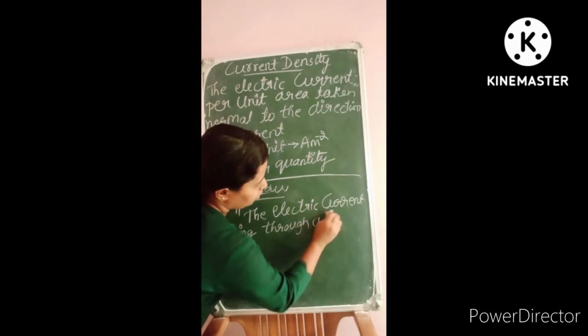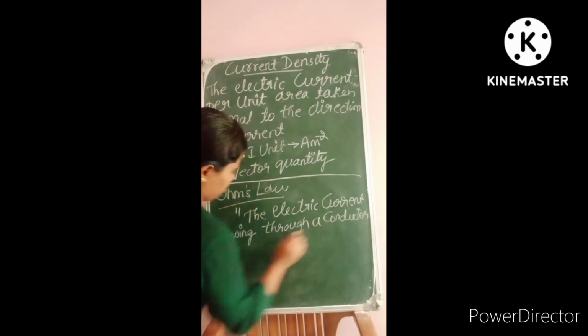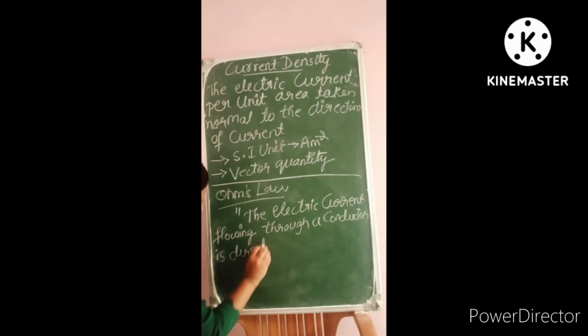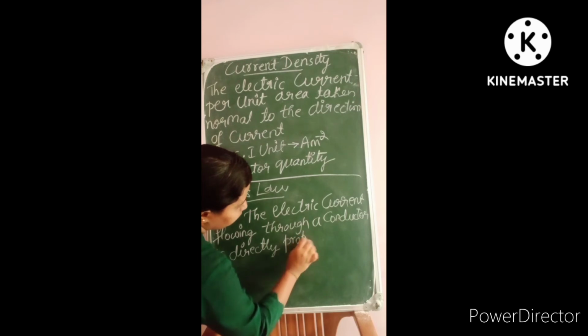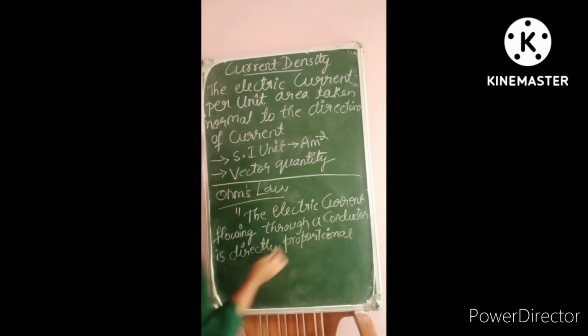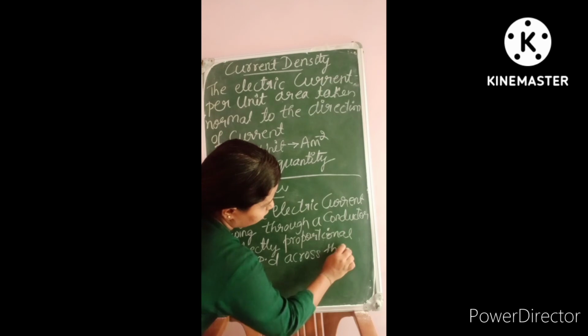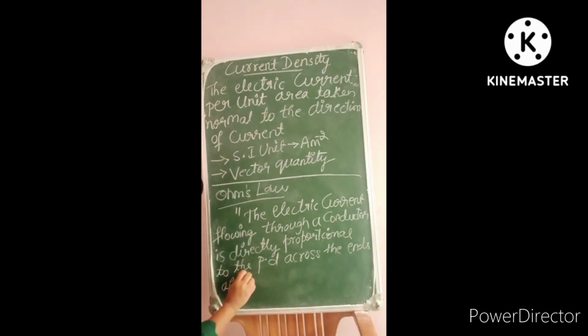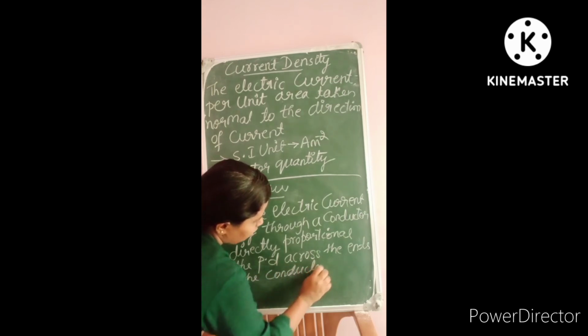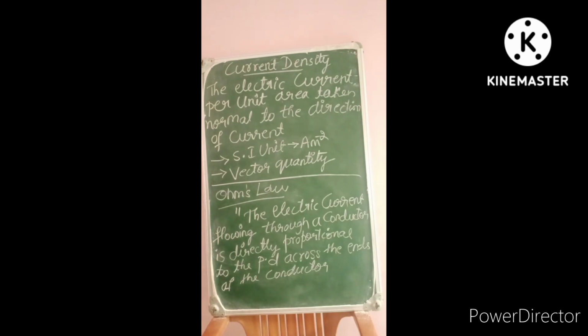The statement of Ohm's law states that the electric current flowing through a conductor is directly proportional to the potential difference across the ends of the conductor, provided the temperature remains constant.